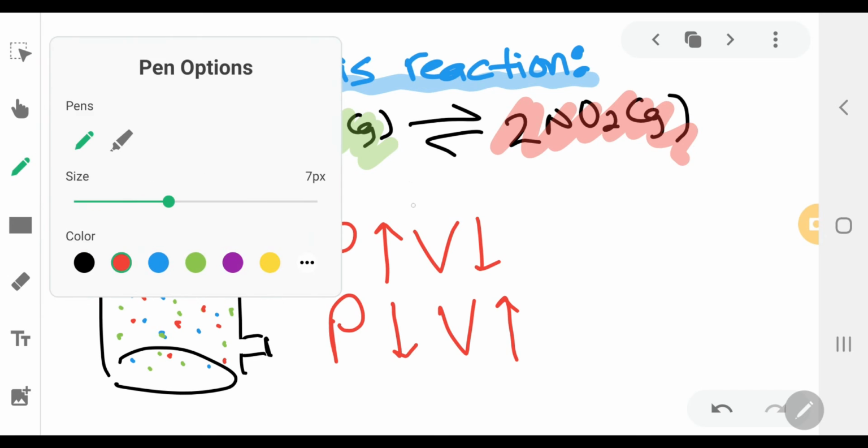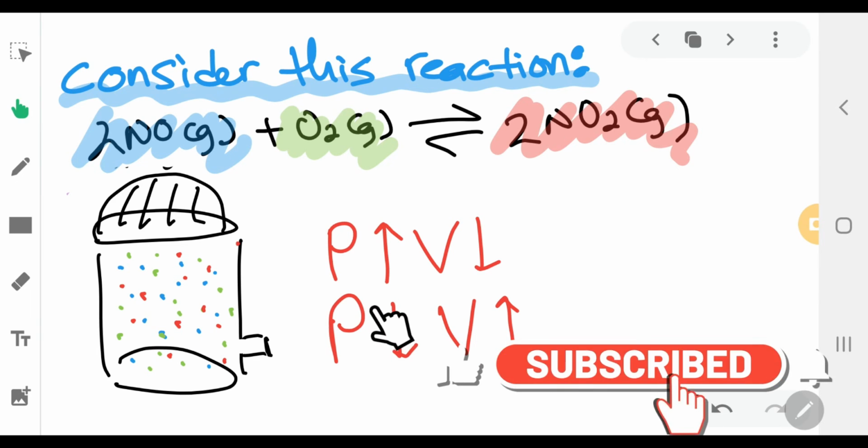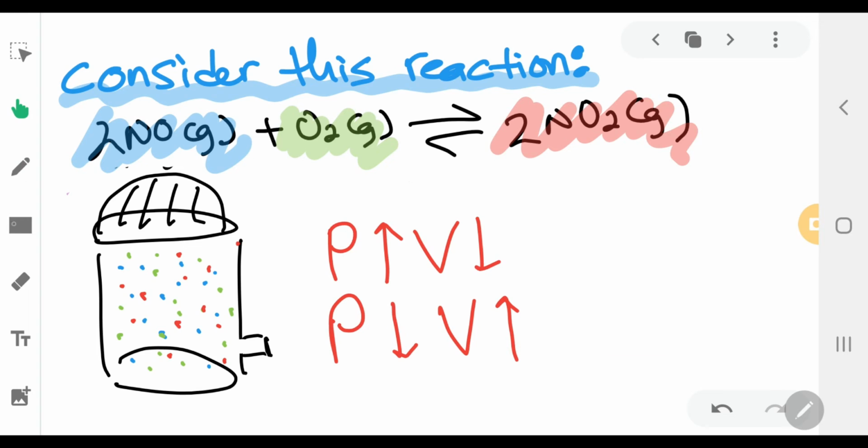So this is the relationship that we need to know about pressure and volume. It will still be applicable in this case, but it will be slightly different now when you have inert gas.